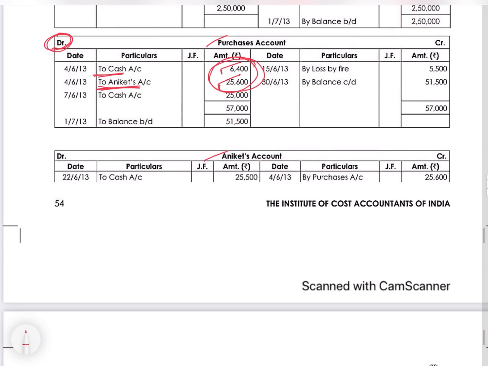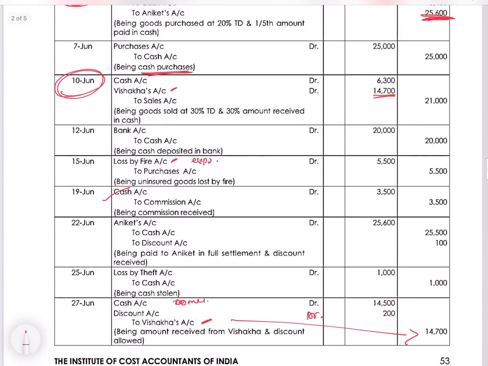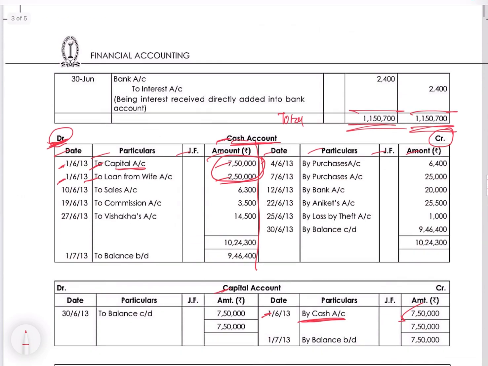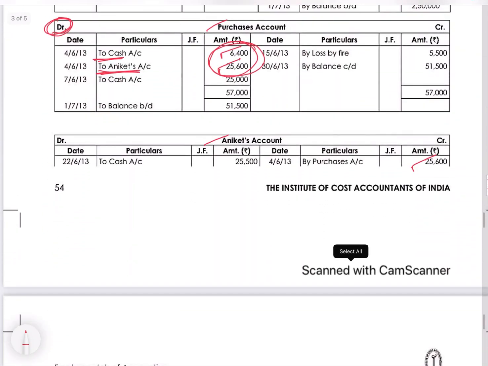In the same way, Aniket's account: by purchases 25,600. Only 25,600 will come, as in the journal entry Aniket appears only with 25,600. Aniket's account is credited, so on the credit side we'll write only 25,600.